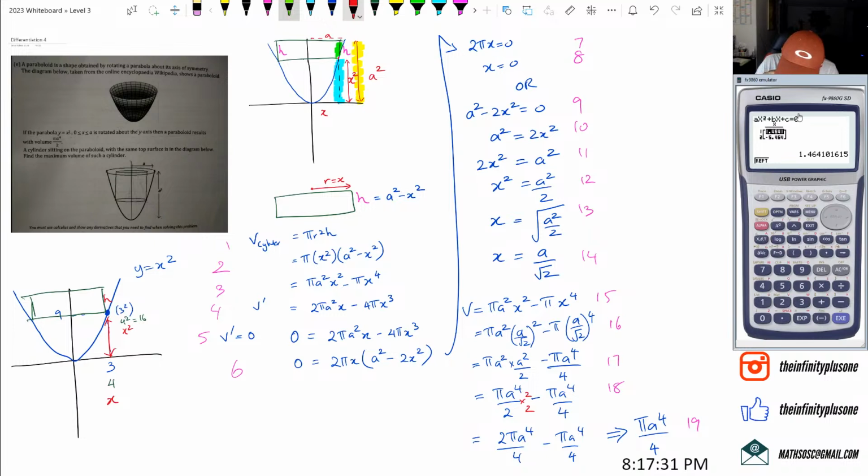I want a line that goes y is equal to negative square root of x, negative square root of a.